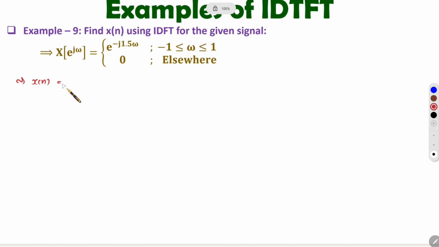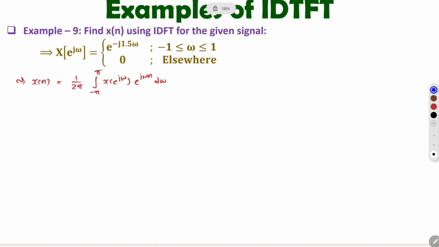That equation is 1 divided by 2 pi, integration with limits from minus pi to plus pi, X of e to the power j omega, e to the power j omega n d omega. That is the basic equation.